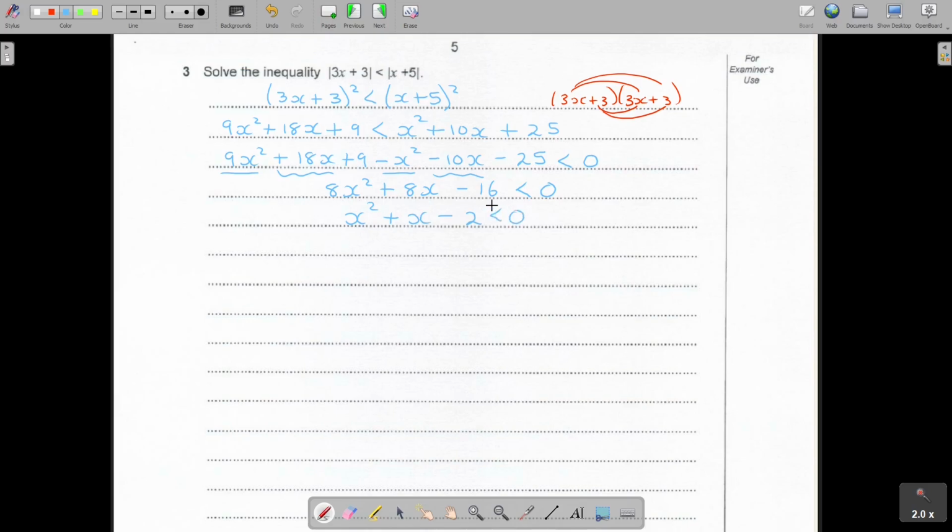Okay, now what I do, and as I said, you can use a pencil now to help you, so I'm just going to sketch the graph of y is equal to x squared plus x minus 2. I first say this is positive, so I know already that it's going to be a smiley face. Now, to see where it cuts the x-axis, I put a 0 in the place of y.